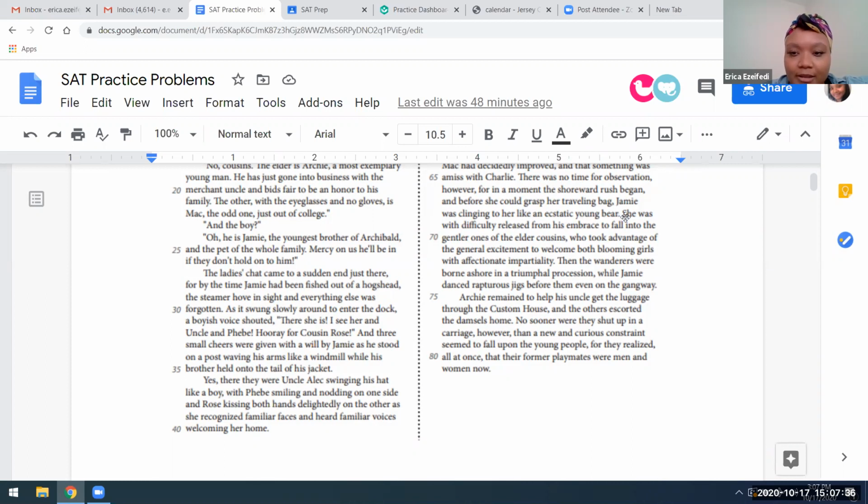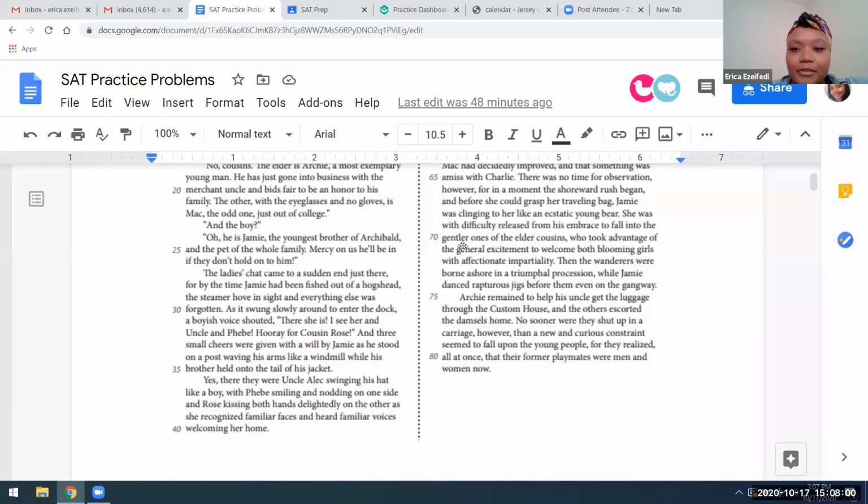So then the next sentence goes, she was with difficulty released from his embrace to fall into the gentler ones of the elder cousins. So if Jamie was a young bear, it's saying this elder cousin is gentler. Right there, he's less ecstatic than a young bear.